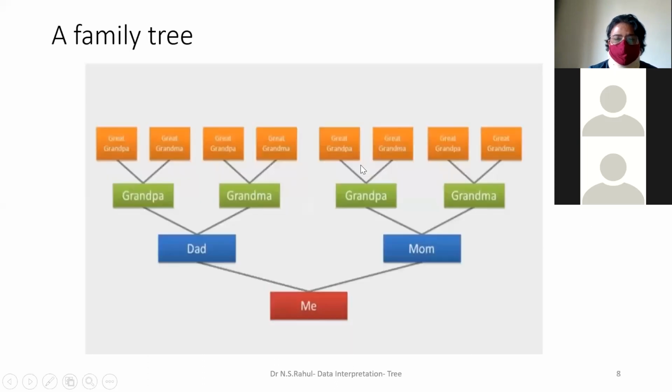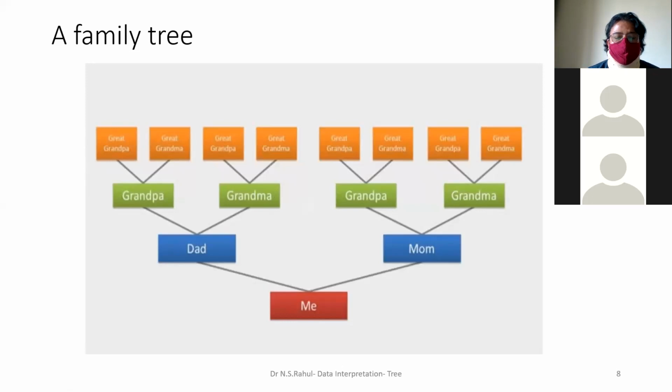This was the diagram given by Tanmay. Is it similar to yours, Tanmay? Yes, sir. Almost the same or same? Yes, almost the same.